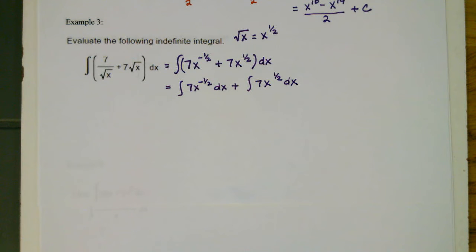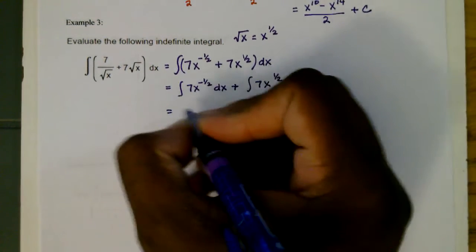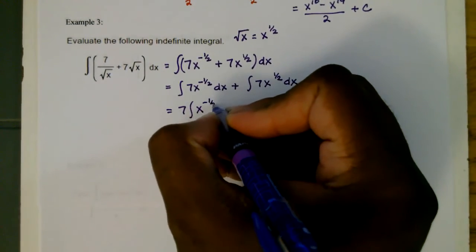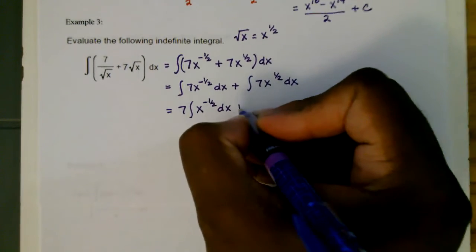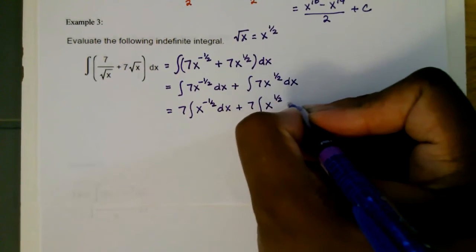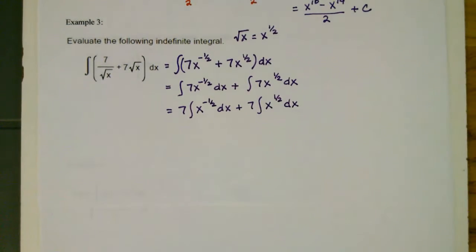And in this case here, use that constant multiple rule by bringing the 7 out in front. So it'll be 7 times the integral of x to the negative 1/2 dx plus 7 times the integral of x to the 1/2 dx.